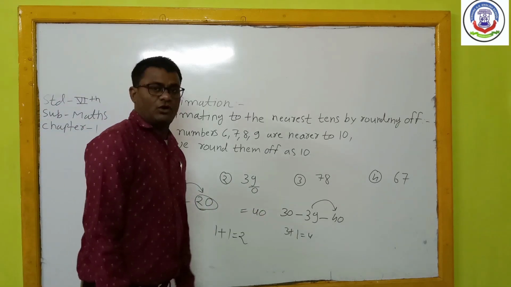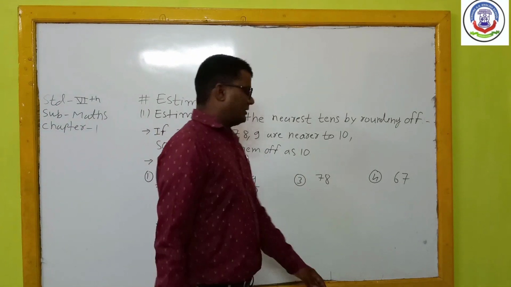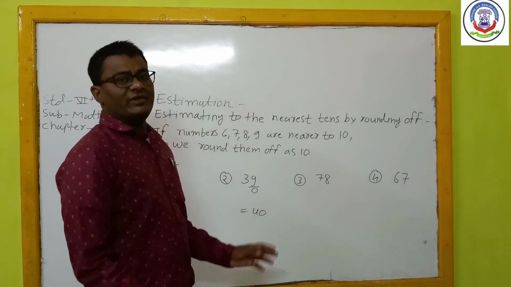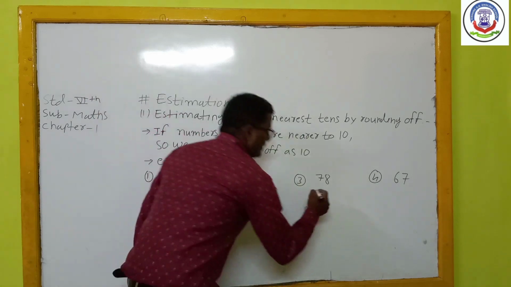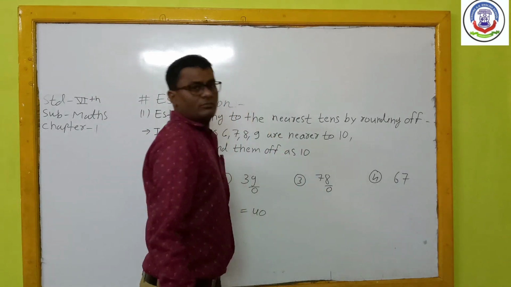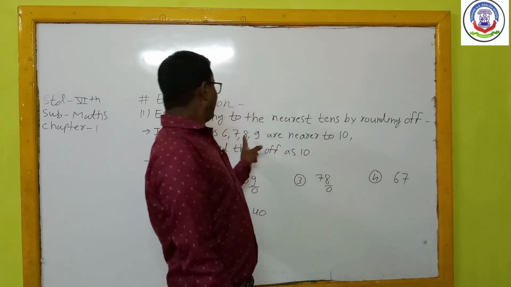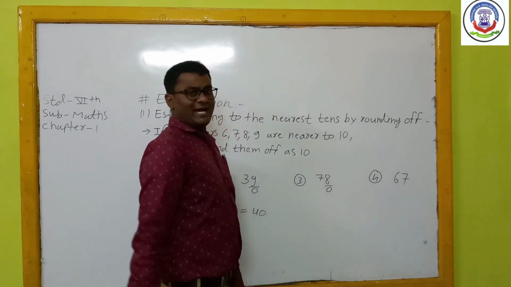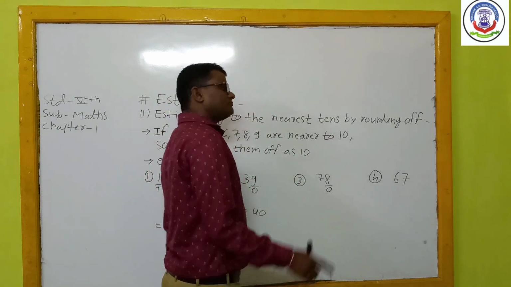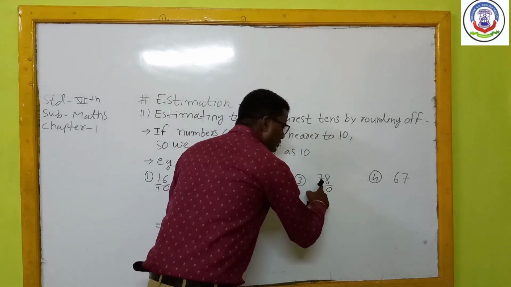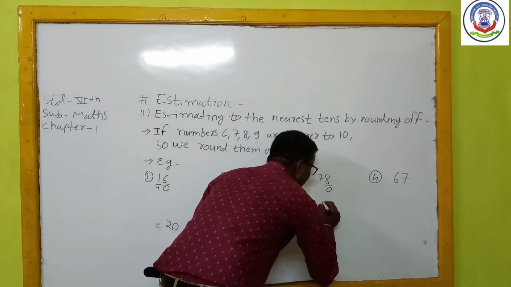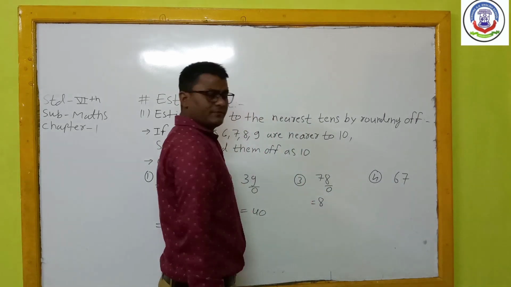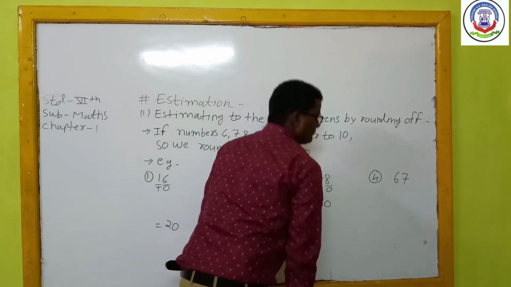so it is rounded off to 40. Okay, in question 3 the number given to us is 78. We will round it off to the nearest 10. First of all, see the digit at the ones place, that is 8, and 8 is near to 10, so I will round it off as 10. Means I will add 1 to 7, so it will become 8, and now the ones digit becomes 0.